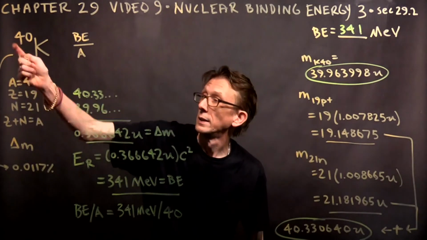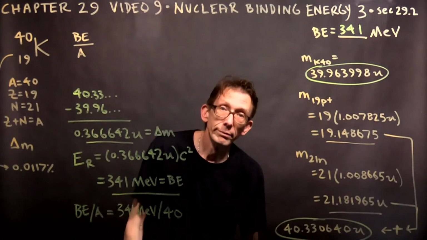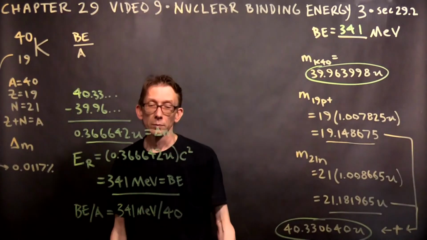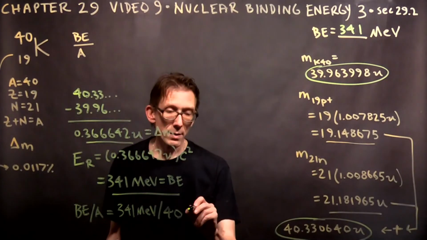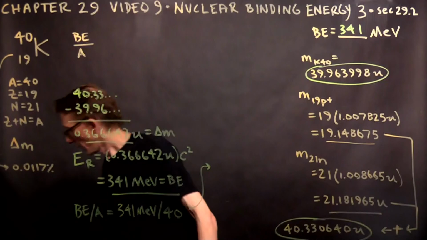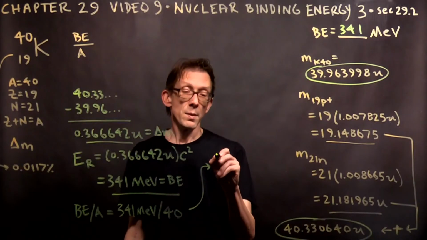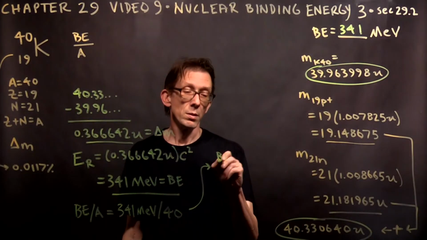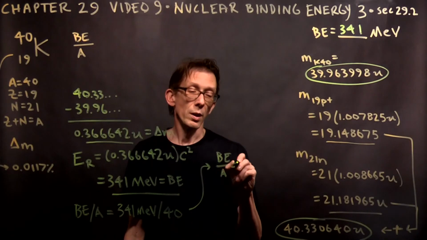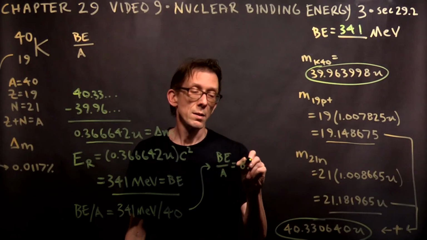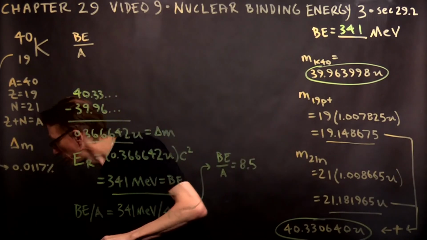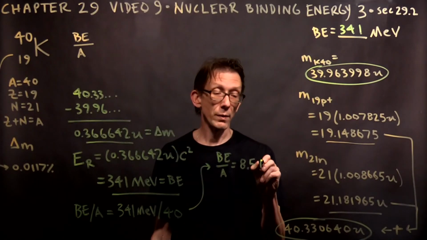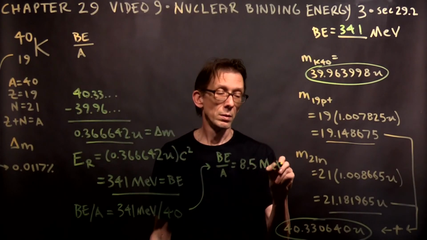That's A. A equals 40. So you do that math, you end up getting binding energy per nucleon is 8.5. I just leave it at that, 8.5 MeV.